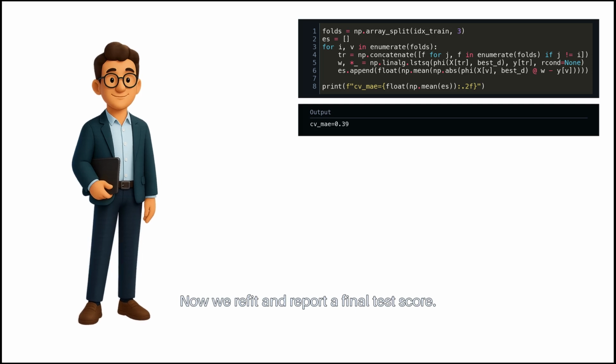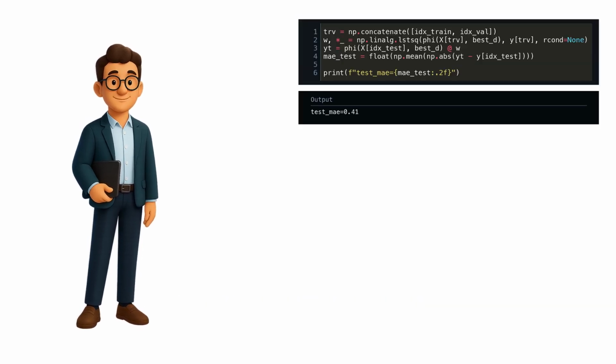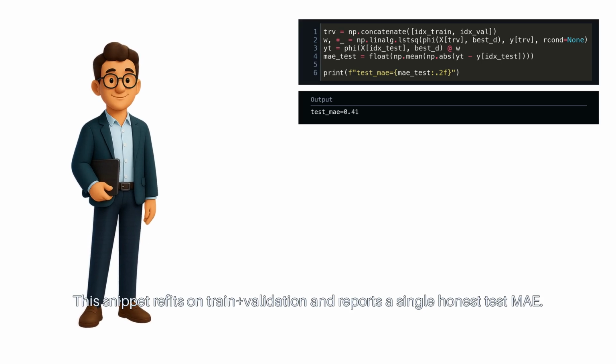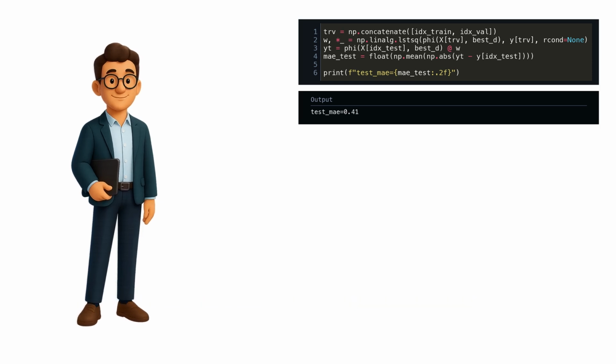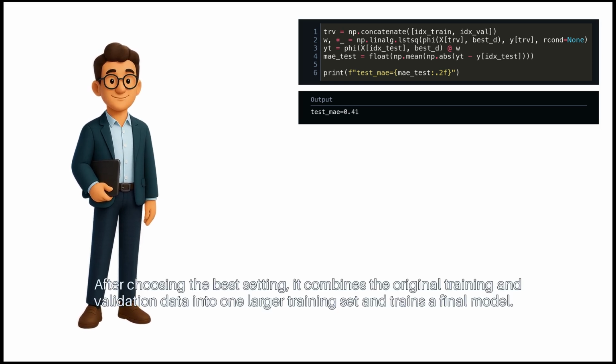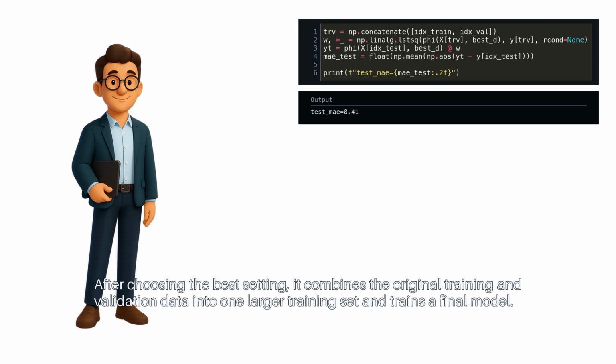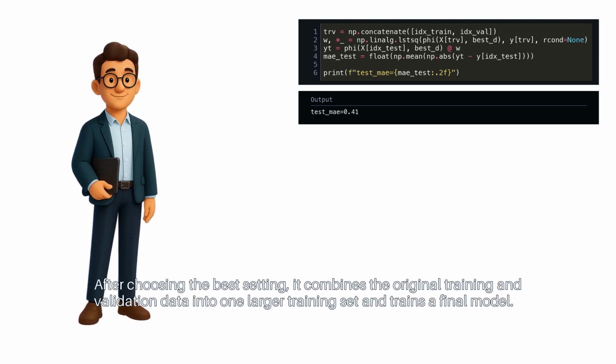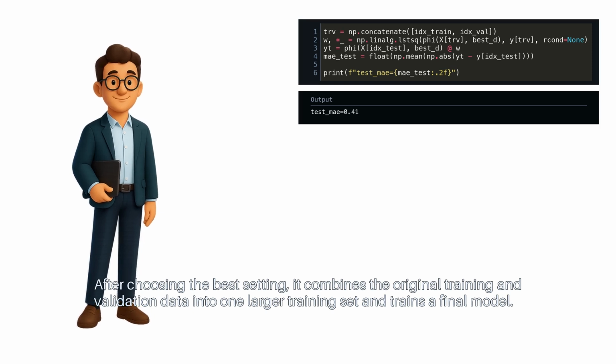Now we refit and report a final test score. This snippet refits on train plus validation and reports a single honest test MAE. After choosing the best setting, it combines the original training and validation data into one larger training set and trains a final model.